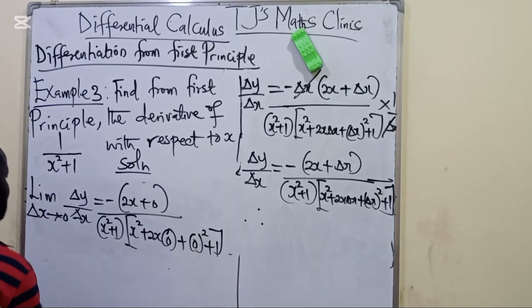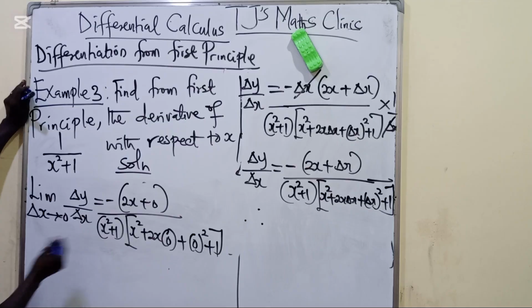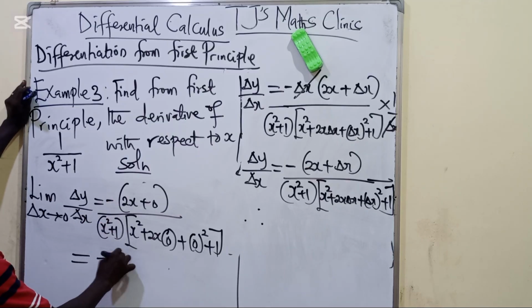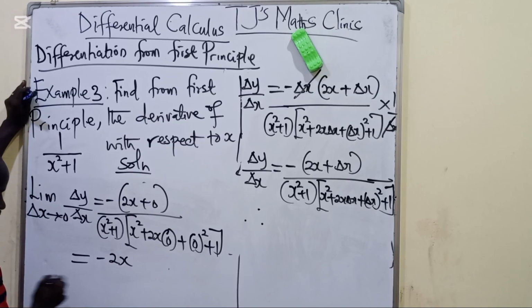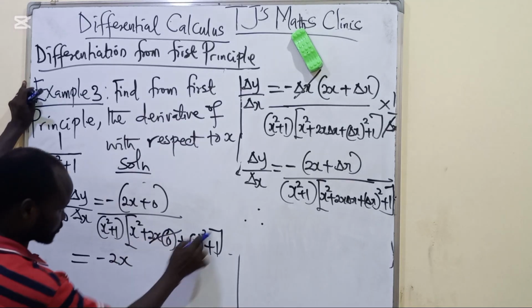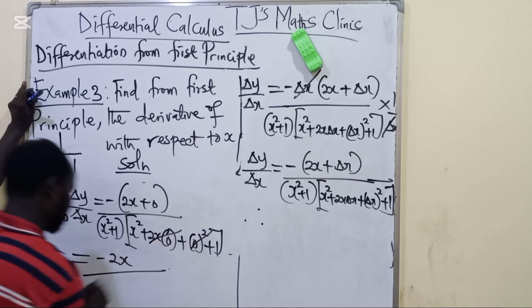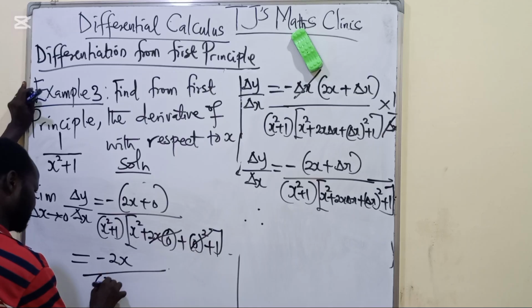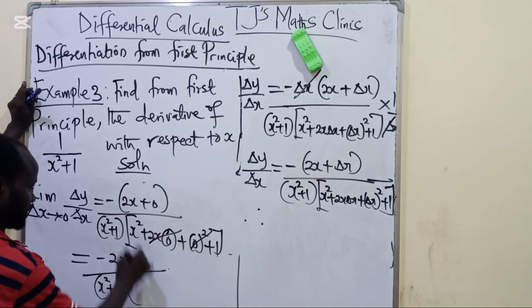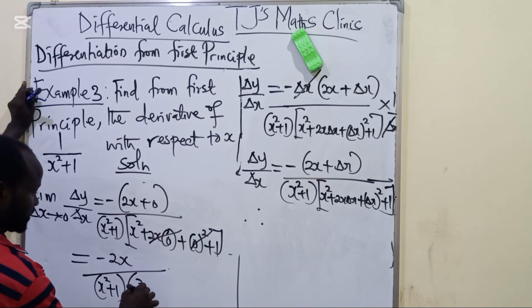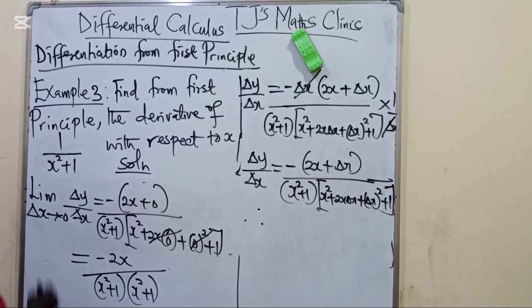What are we going to have? Hence now, finally, let's resolve this. It will be minus 2x in our numerator because this is 0, of course. This will be 0, this will be 0. We are left with divided by x squared plus 1. Then in the other bracket, we have x squared, then plus 1. Very important. This is now our delta y divided by delta x.